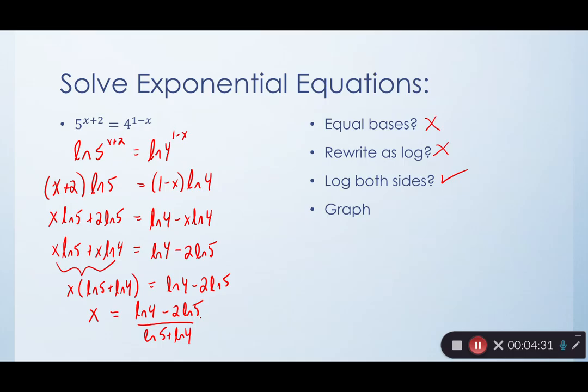Now, if you got it to there, I'd be pretty happy. But we can do a little bit more. We can say ln 4 plus ln 5, that is ln of 20. And ln 4 minus 2 ln 5, that would be ln of 4 over 5 squared, using the quotient rule.